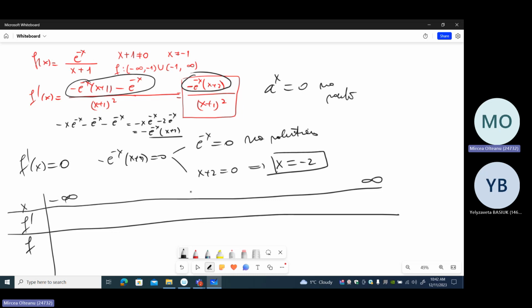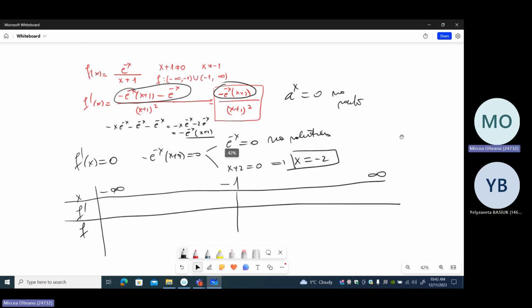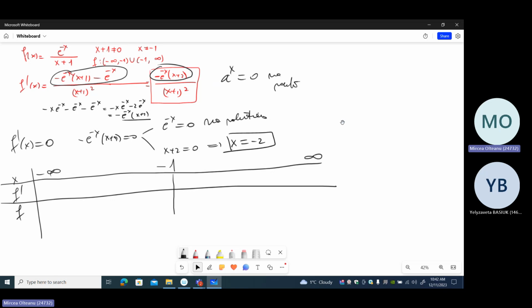So first we put here minus 1 and we put a vertical line, which is the convention to show that at the point x equals minus 1, the function is not defined. Now we put the critical points. We have only one critical point, minus 2, which is at the left of minus 1. And here f prime is 0.